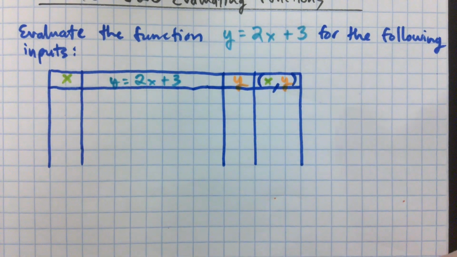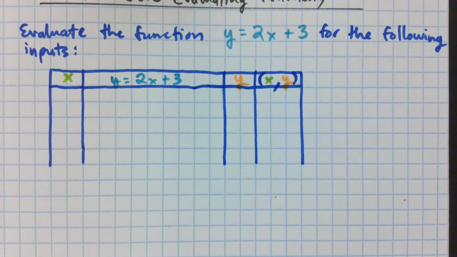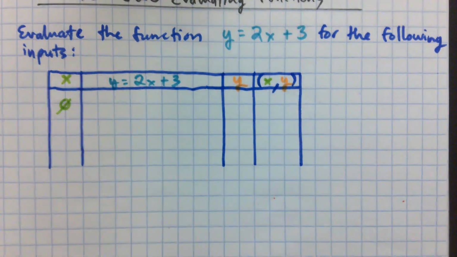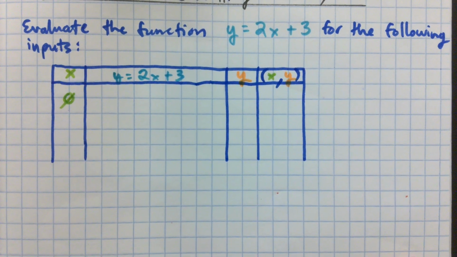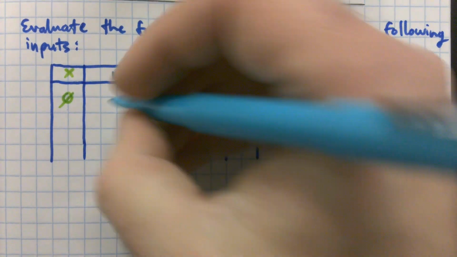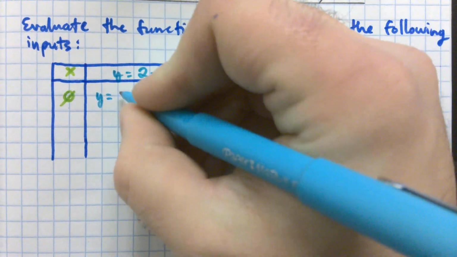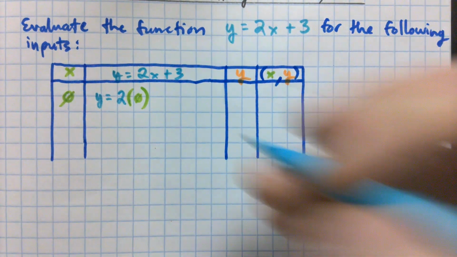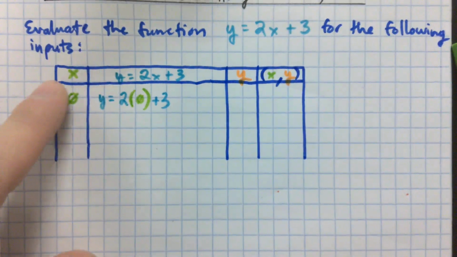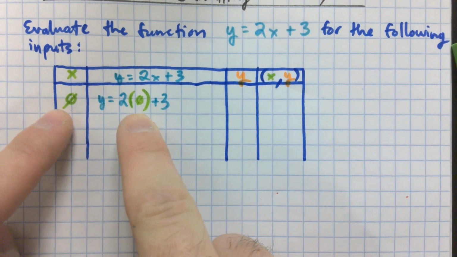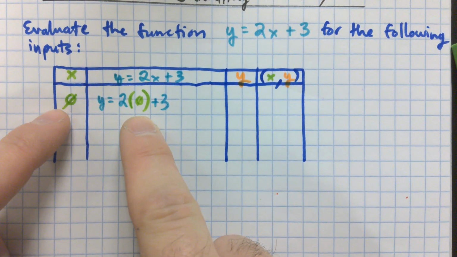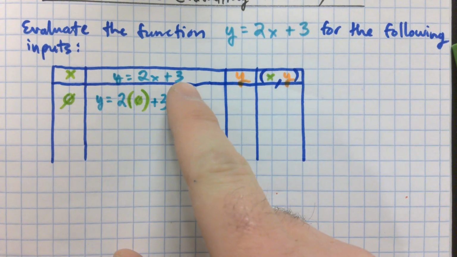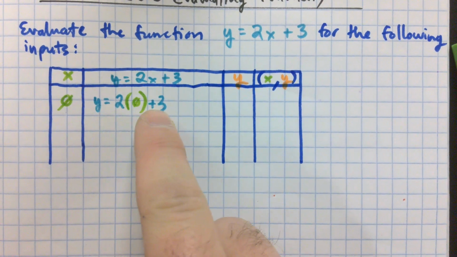My first input here is going to be 0. So we're going to take this equation, y is equal to 2 times 0 plus 3. We just plug the x value in for x. Right, 2x plus 3 becomes 2 times 0 plus 3.